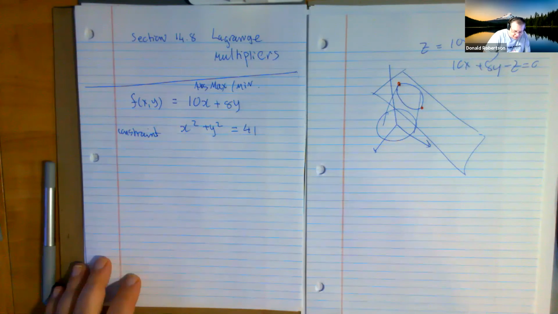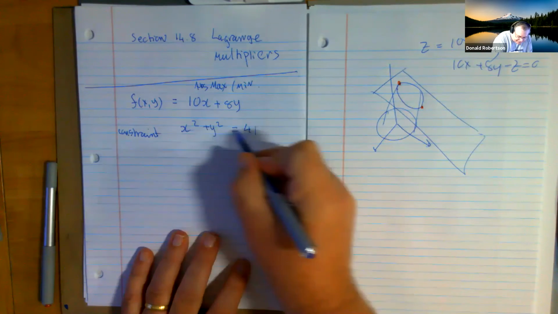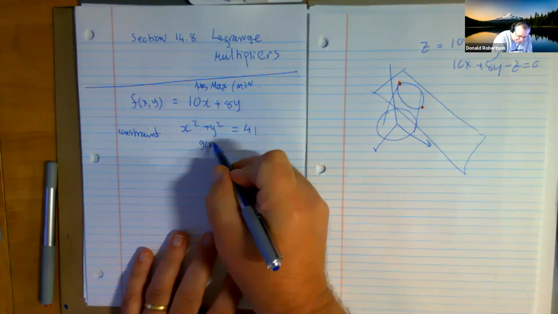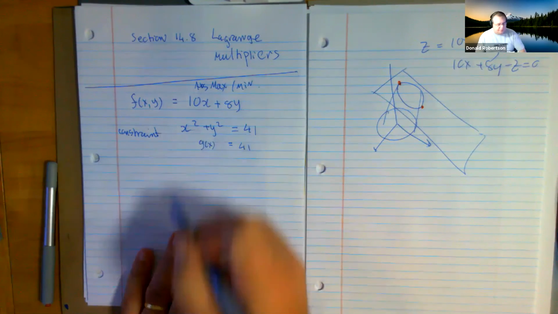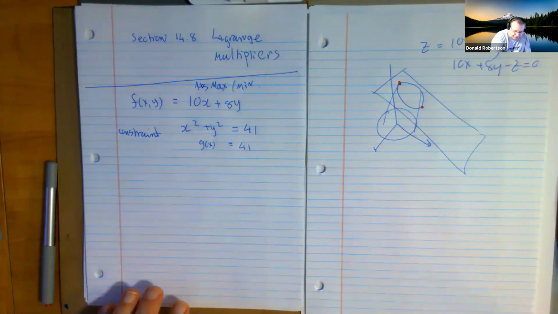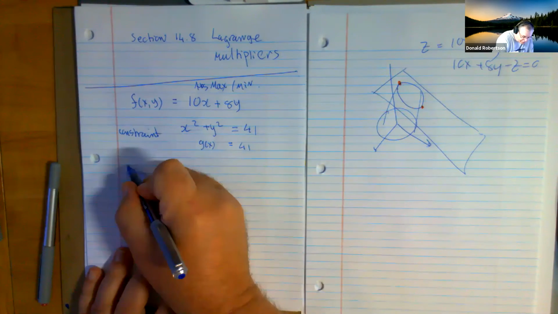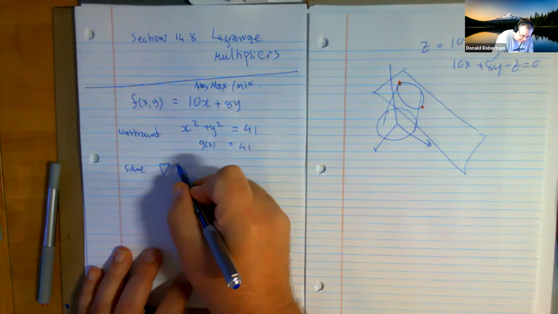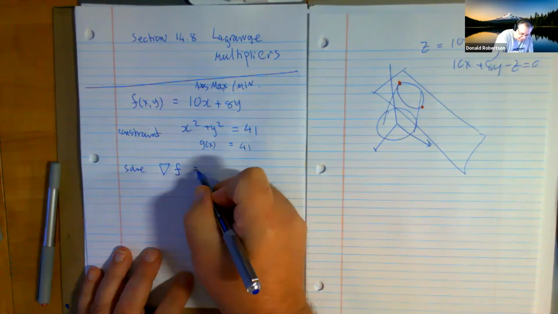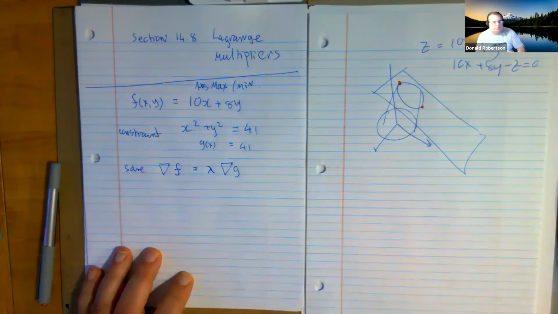Now, what does Lagrange tell us? Well, you call this whole thing here g of x, and you typically call this guy f of x. And according to Lagrange, what you need to do is solve when the gradient of f equals lambda times the gradient of g.